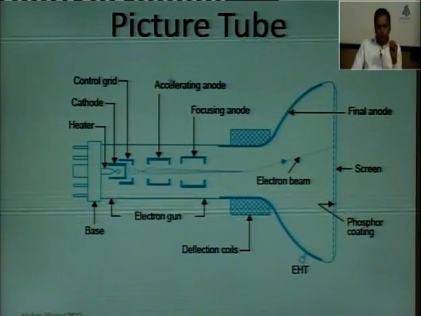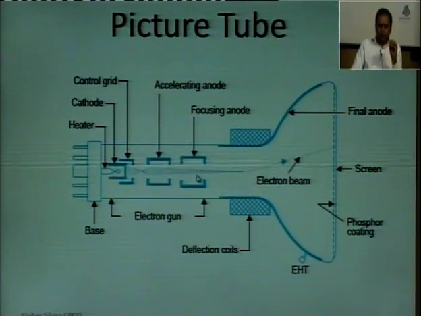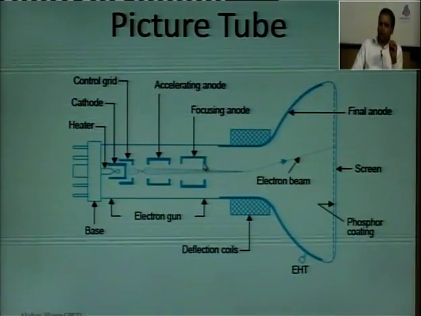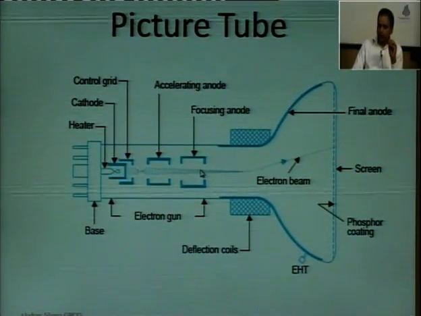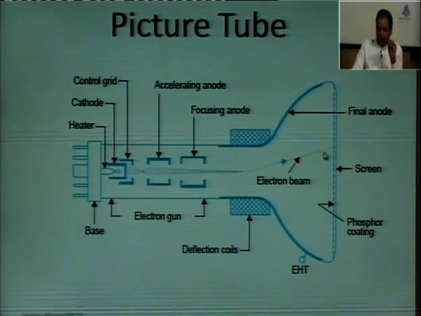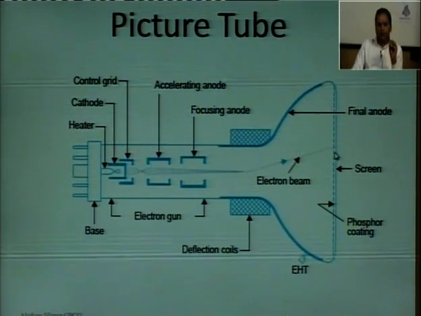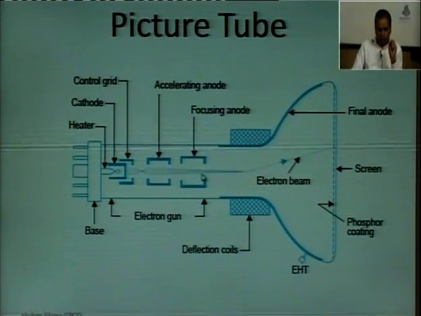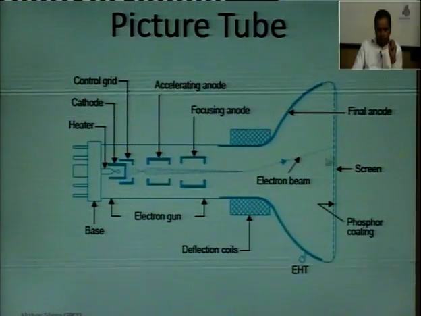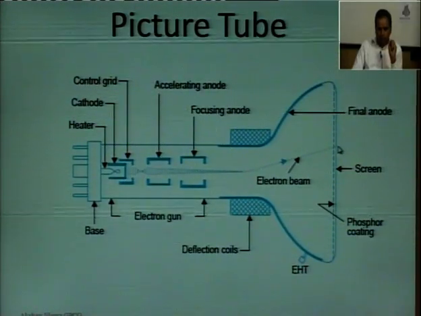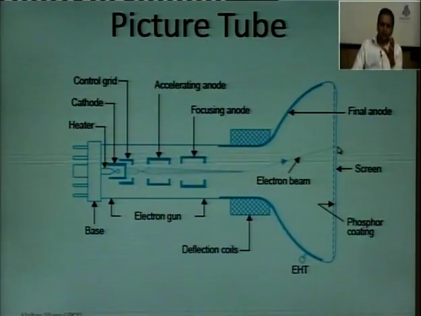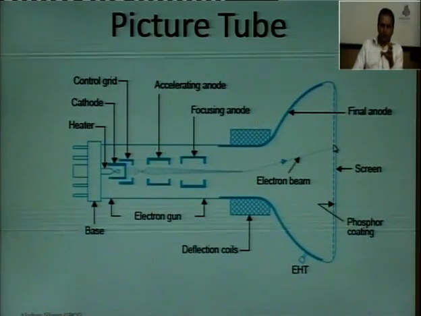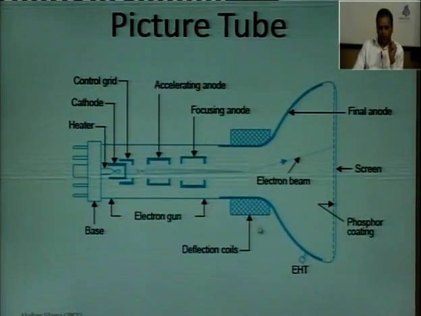To ensure this we use this focusing anode, which enables the electrons present in this electron beam to strike in the form of a point, not in the form of a spot. So, all these electrons are made to strike at the same location at a particular instant, so that maximum energy could be generated out of the available electrons at that particular moment.